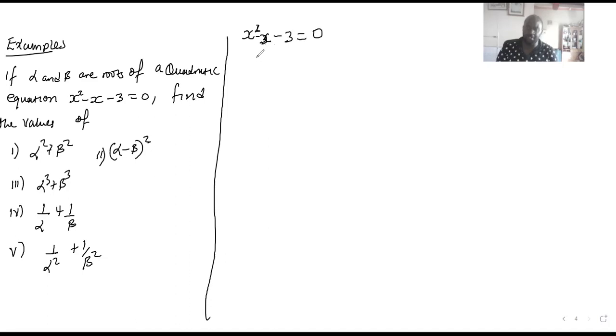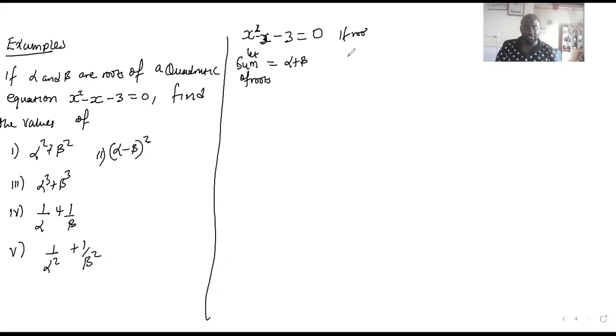When we have this equation, we can say 1, the sum of the roots, we let the sum of the roots be alpha plus beta.